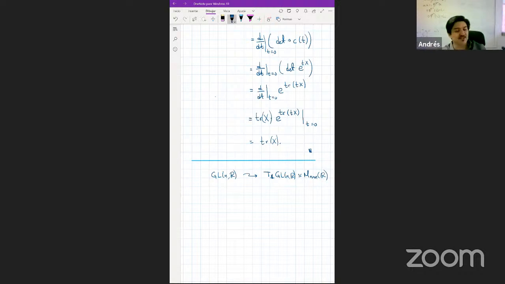GL(n) is open in Euclidean space, so the tangent space at the identity is the set of n by n matrices whatsoever. Now, what we're going to do is to give a description of this. The same for this one. And the rest, U(n) and SU(n).